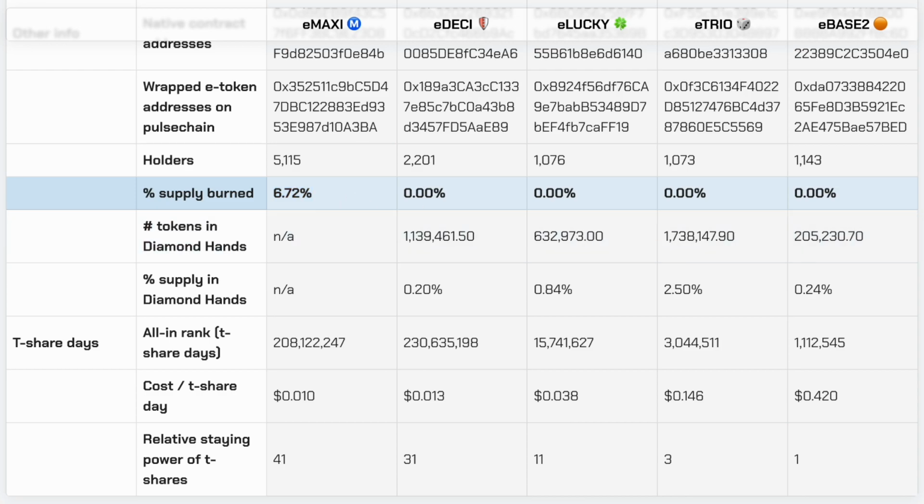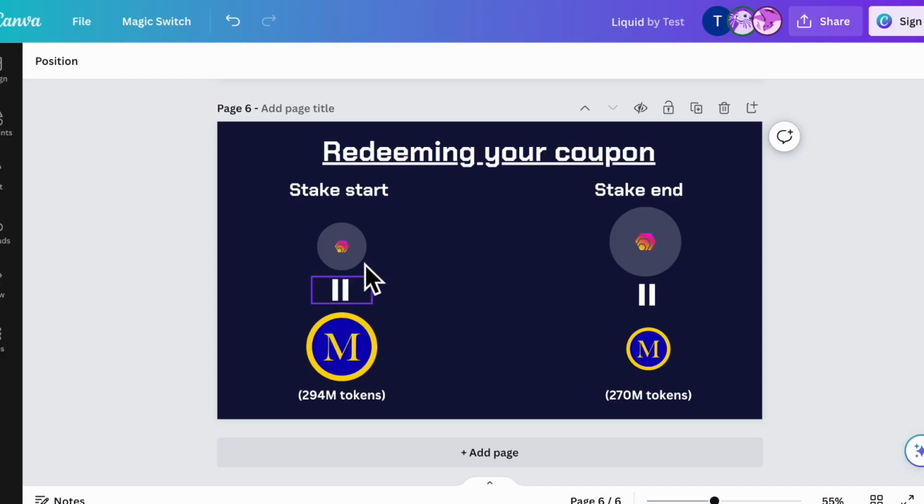And why is that important? So I just want to show you these slides. When the stake started, we had a certain amount of HEX, and that was equal to 274 million MAXI tokens. Now fast forward 15 years, the stake has grown. You have the principal, now you also have the interest, so the stake is much larger.